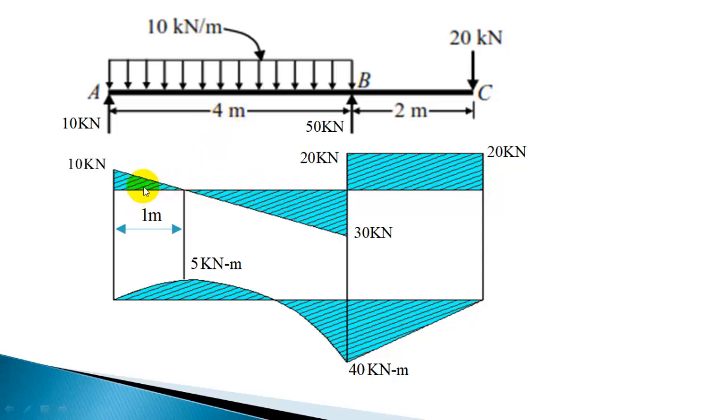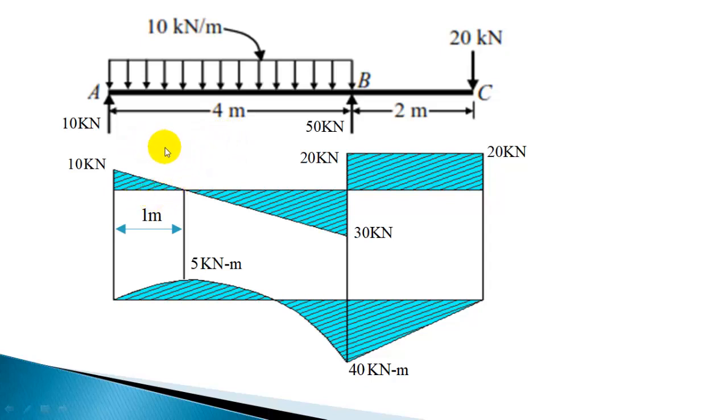We want to divide this distance in the ratio 1:3, because the shear force proportion is 10 is to 30, or 1:3. To divide this into 1:3, 4 divided by 1 plus 3, or 4 by 4, 1 meter is 1 part.